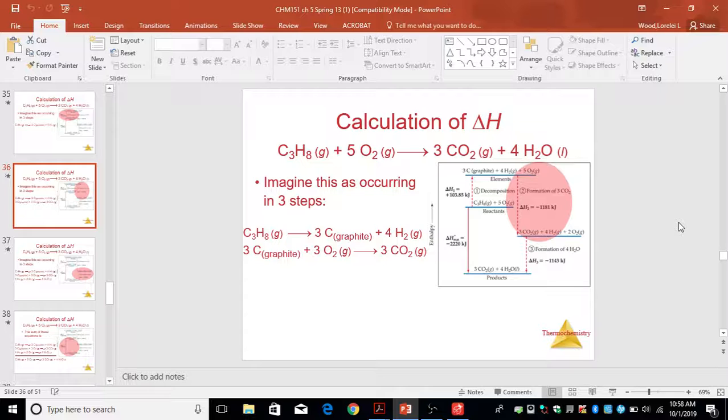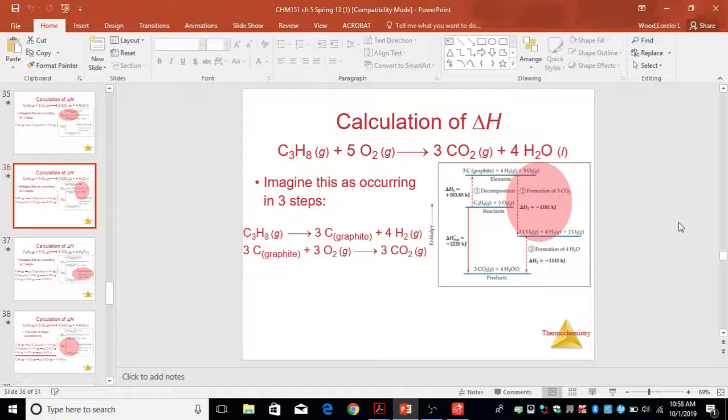So you're just going to rewrite the products from the previous reaction, 4H2 as a gas plus 5O2 as a gas, which yields, now our new products are at a lower energy level, which is 3CO2 as a gas.